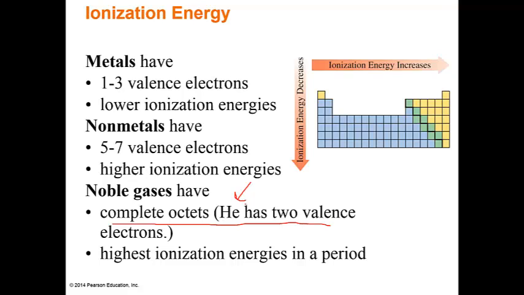So if I asked which is harder to ionize: metals, relatively easy. Non-metals, much more difficult. And noble gases, at least to create cations, well, they don't. They're inert. They're pretty stable.